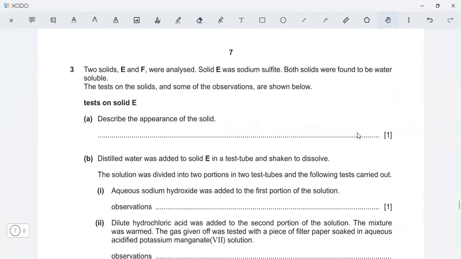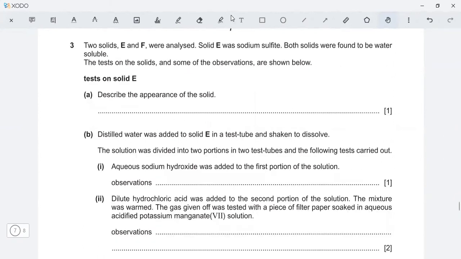This is a very important question. Students tend to get confused, but it's very simple if you understand the questions. Two solids E and F were analyzed. Solid E was sodium sulfite. Both solids are found to be water soluble.